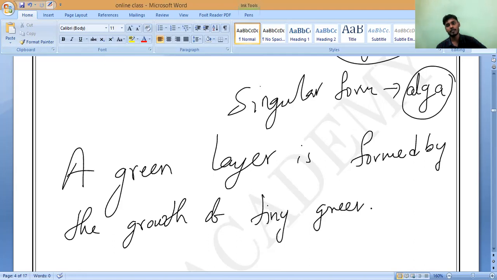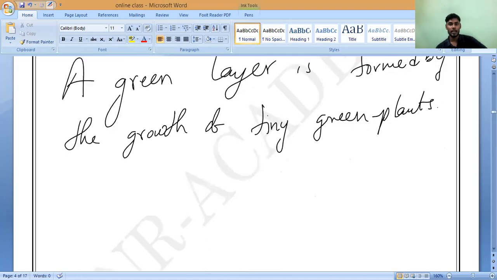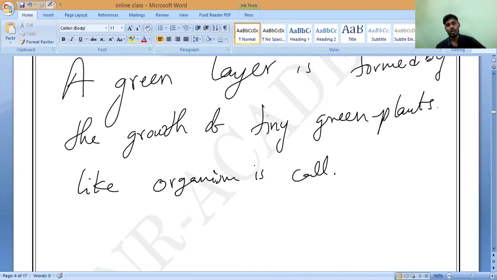the growth of tiny green plant-like organisms is called algae.